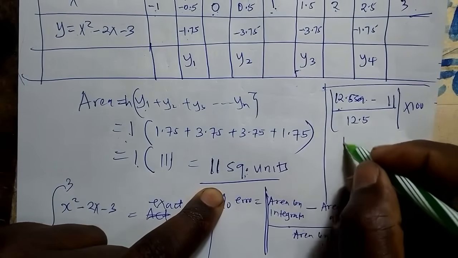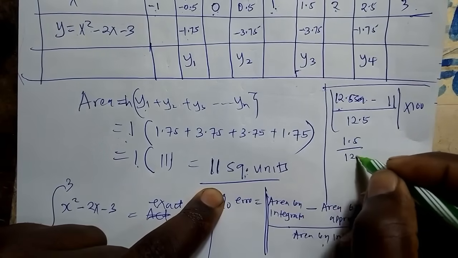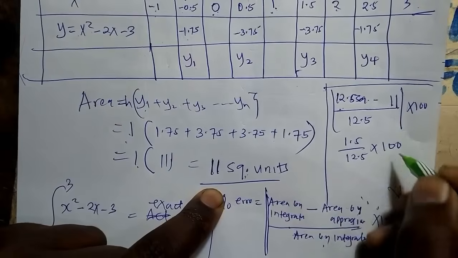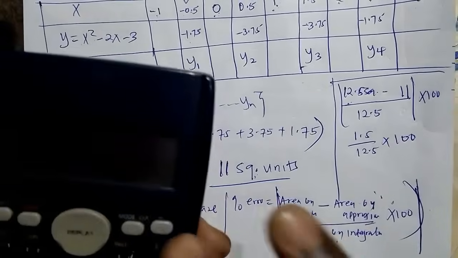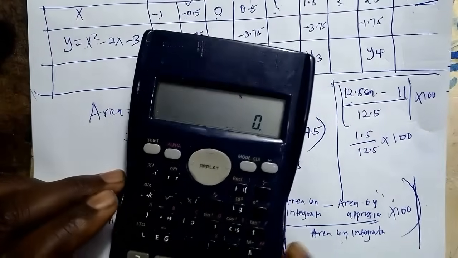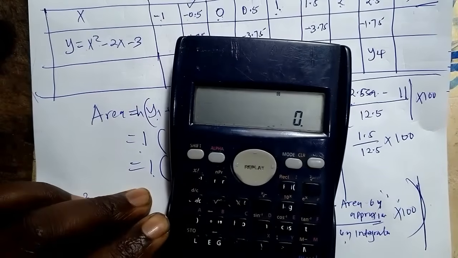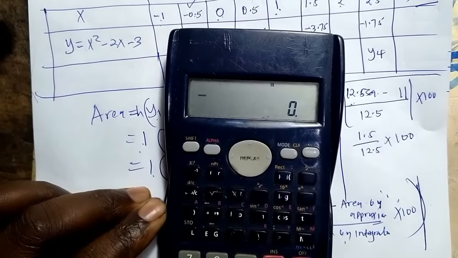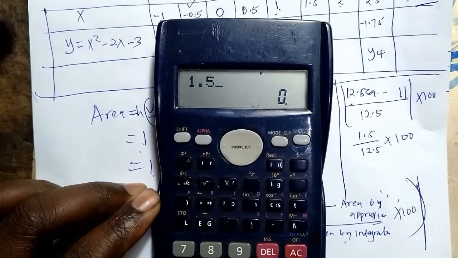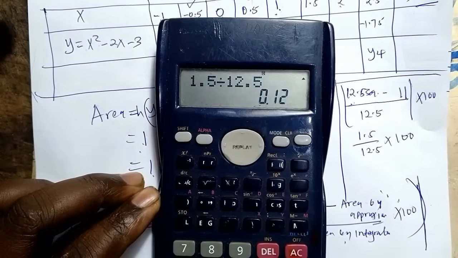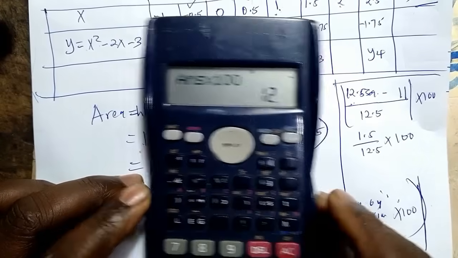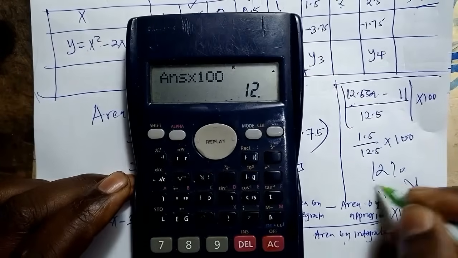So this one will be 1.5 over 12.5 times 100. And the percentage error, you press your calc. 1.5 divided by 12.5, you get the answer, and then times 100. So that one will give you 12%.